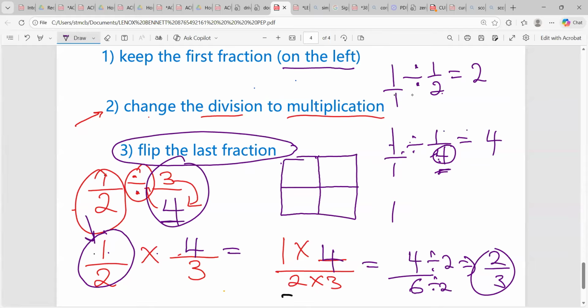Because if we were to divide into 1/8 as well, it's the same thing, right? We're going to get 8 parts. So that is why they say it's as if we are multiplying by this number. So that's why they say let's change it to 1 times 2 over 1, 1 times 4 over 1.